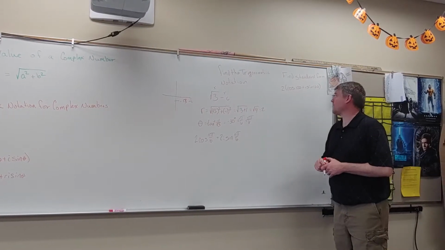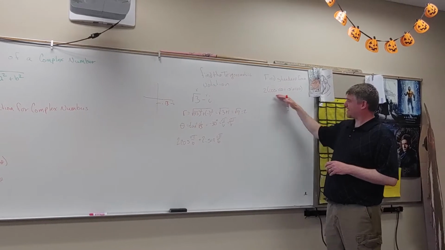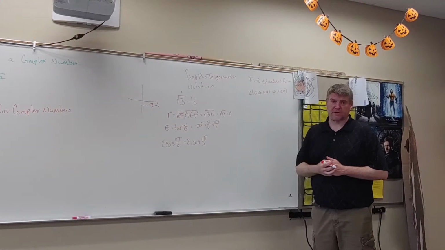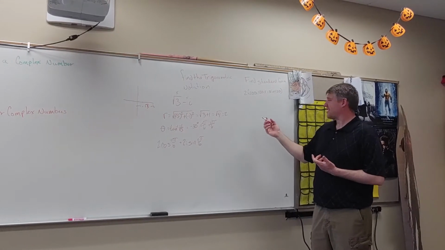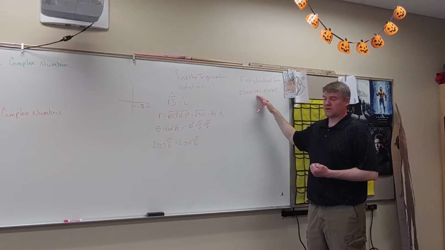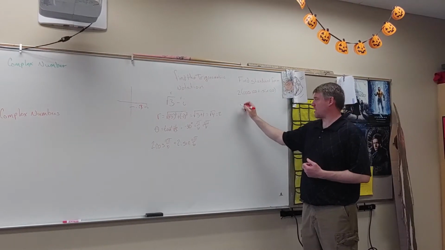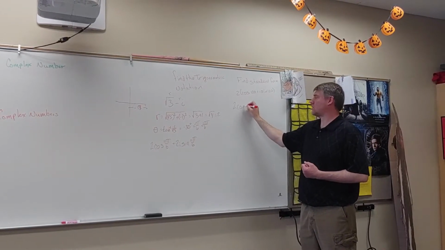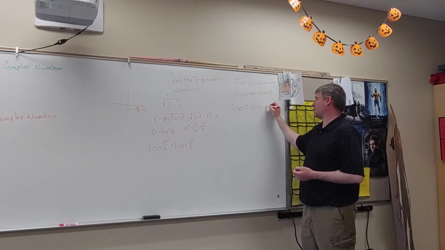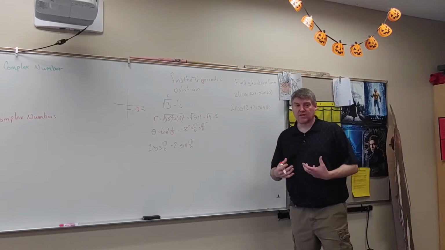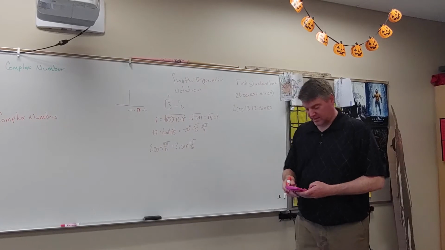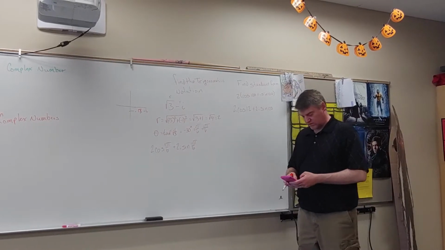So now we're going to find the standard form given that we are in trigonometric notation. So what we're really going to do is find cosine of 120 and sine of 120, and then multiply by 2. So this becomes 2 cosine of 120 plus 2I sine of 120. We're going to multiply through and plug in cosine of 120.